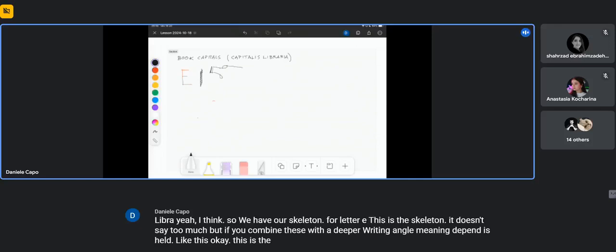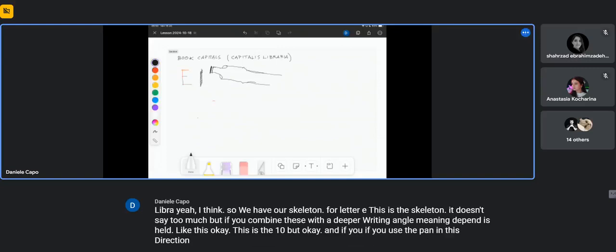This is the pen, by the way. And if you use the pen in this direction, this is the writing angle.